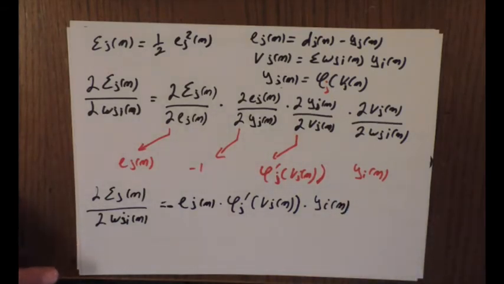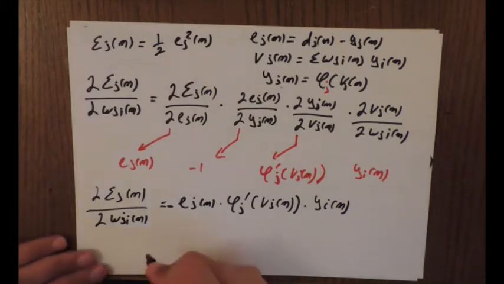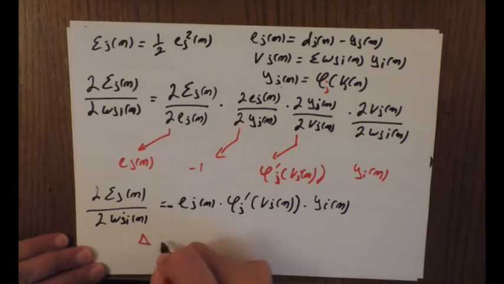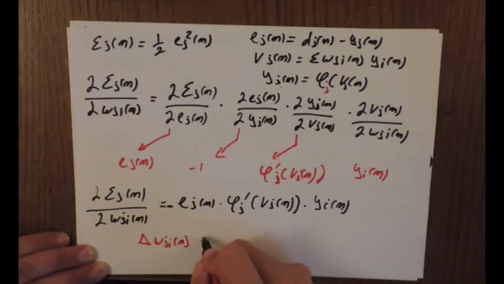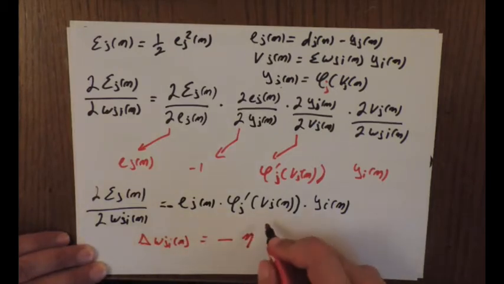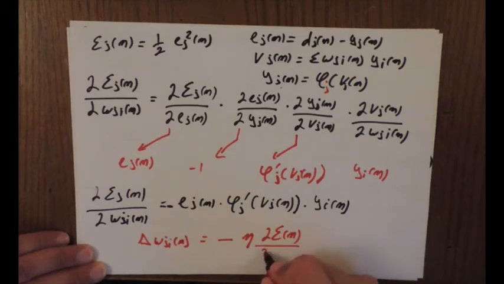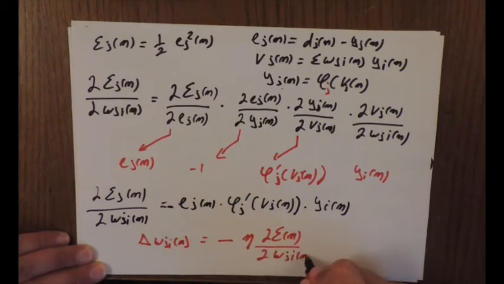So now when we want to update the weights, we have the rule. The update of Wji(n) is equal to minus the learning rate times the derivative of the instantaneous error with respect to Wji(n).